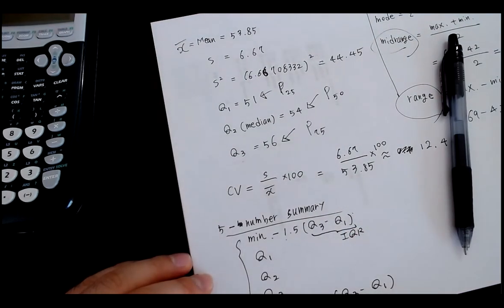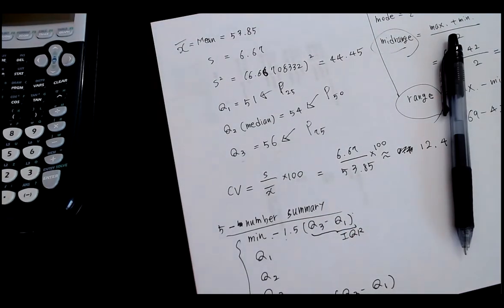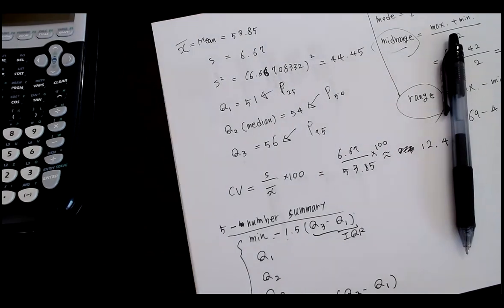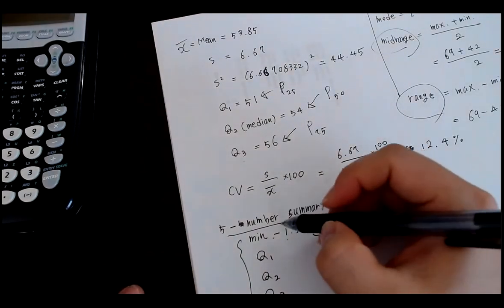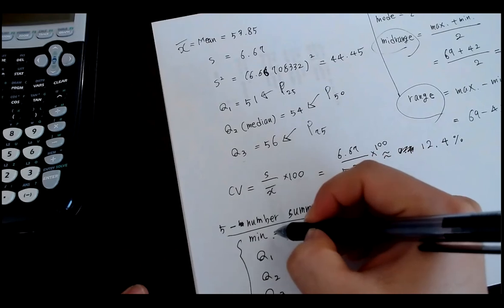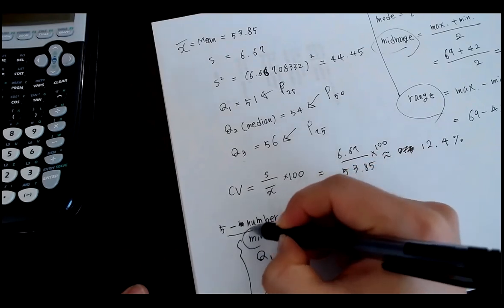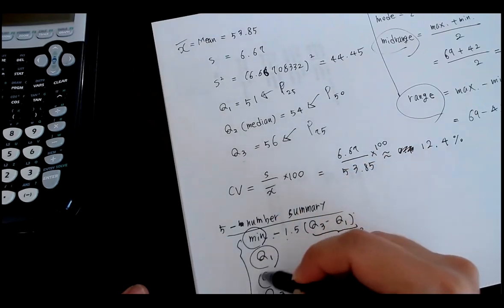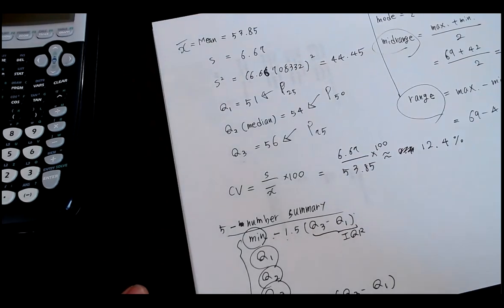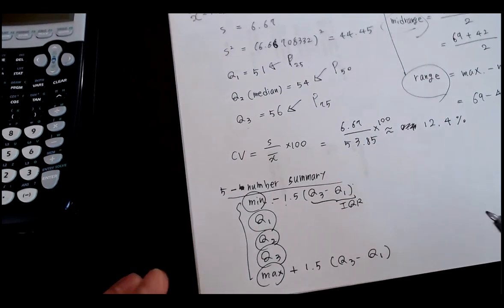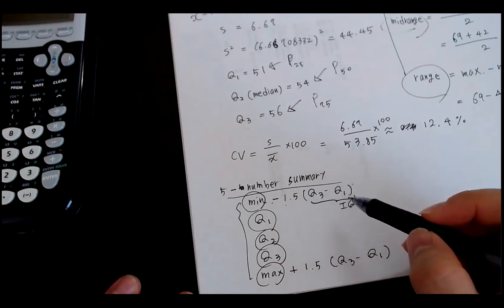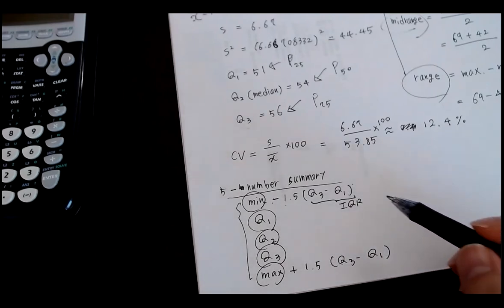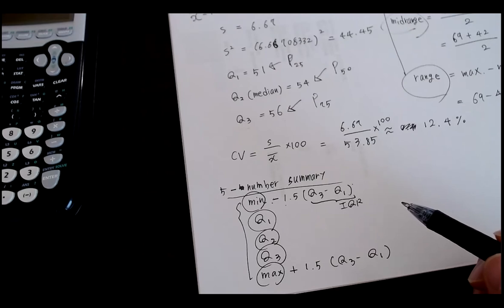We already got most of them, right? By the way, I'm sorry. The 5 number summary is just minimum, Q1, Q2, Q3, and maximum. Then minimum minus 1.5 times IQR is used to figure out whether a given single data value is an outlier.